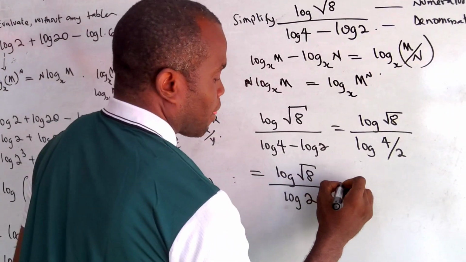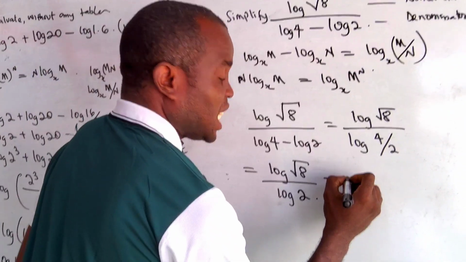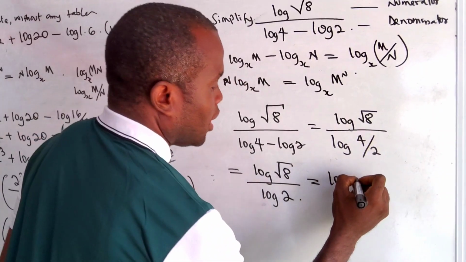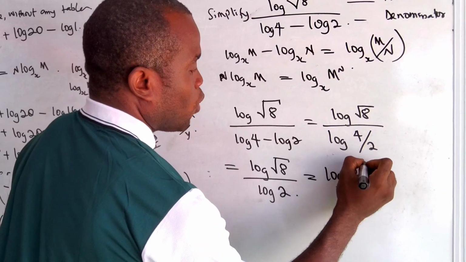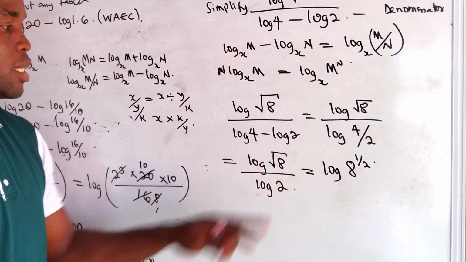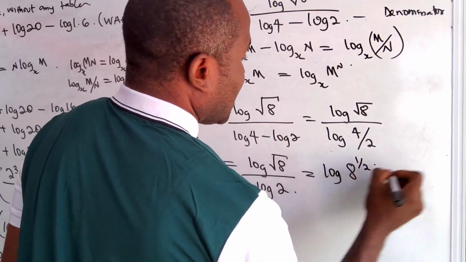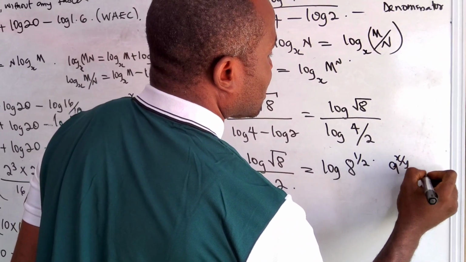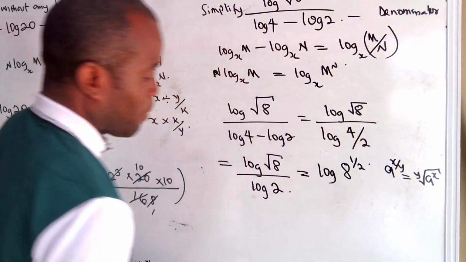So now, if you take this one out, this is log 8 raised to power 1 over 2, because this square root means, remember from the law of indices, that a raised to power x over y is the same thing as the y-th root of a raised to power x.